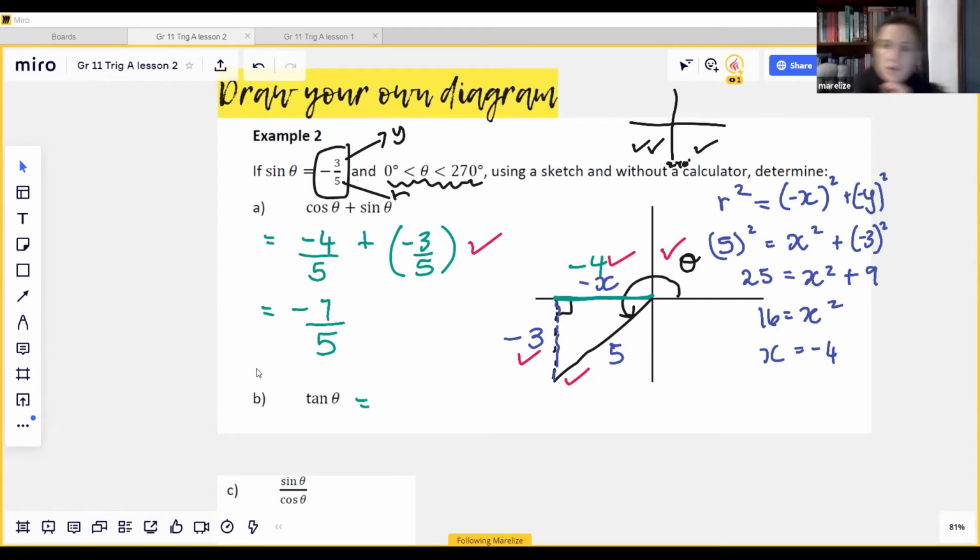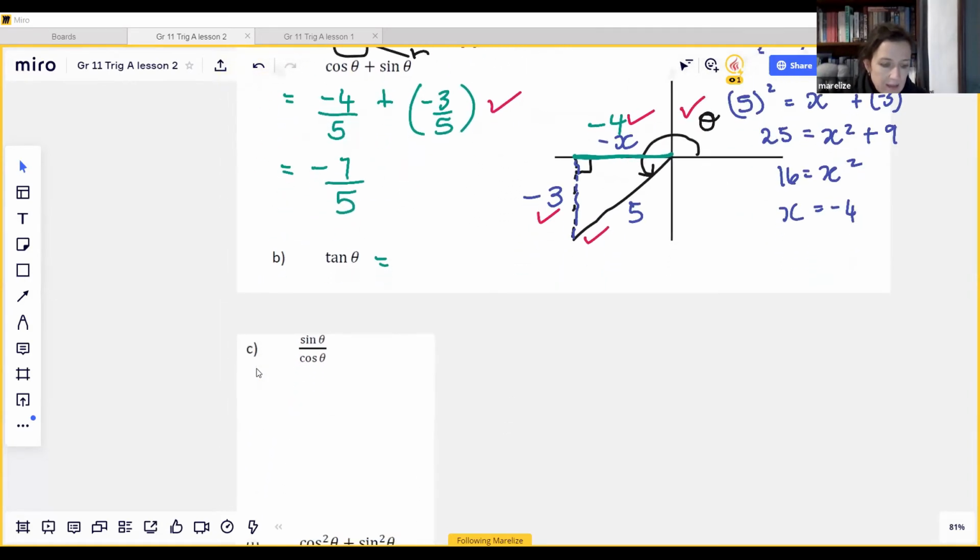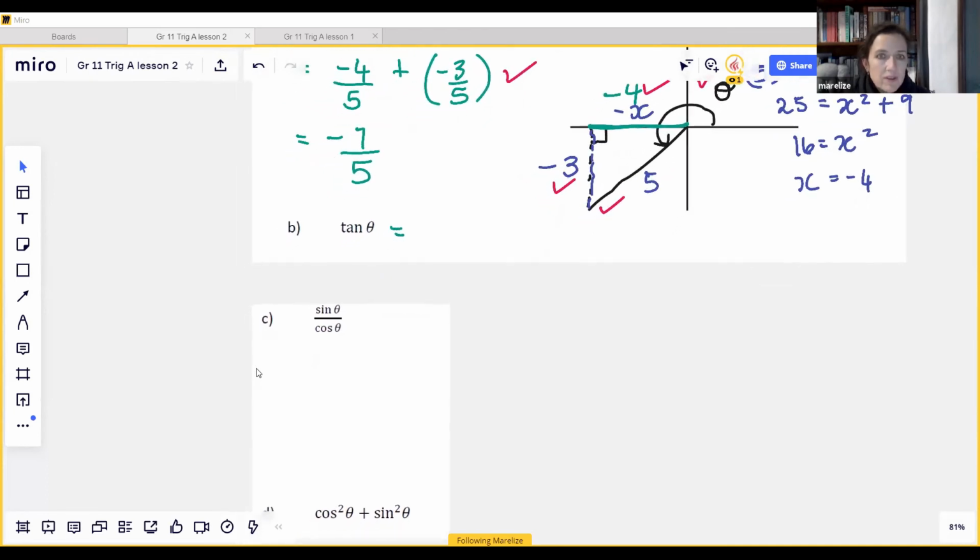Do tan theta on your own. Take a minute to do tan theta on your own. And then if you are happy with tan theta, do question C, sine theta over cos theta. Then tell me if you notice something.